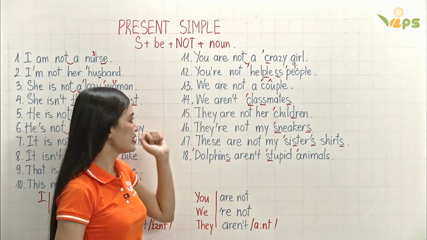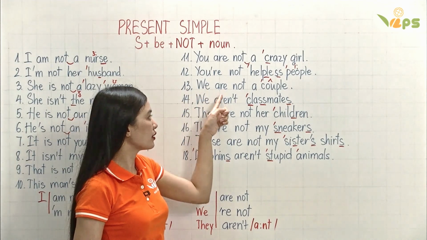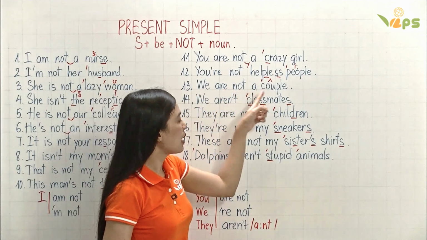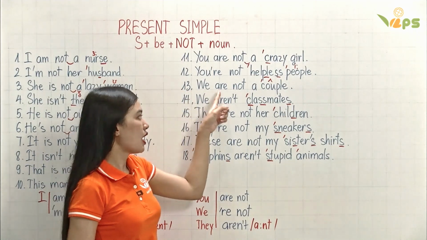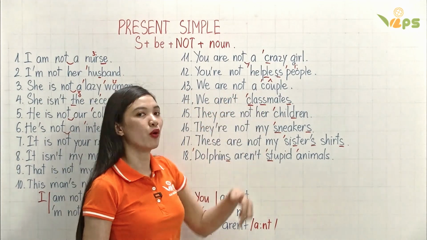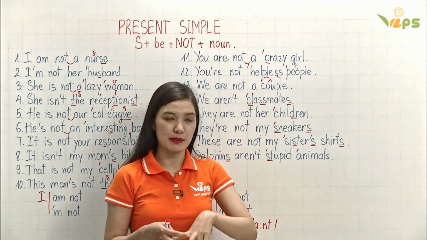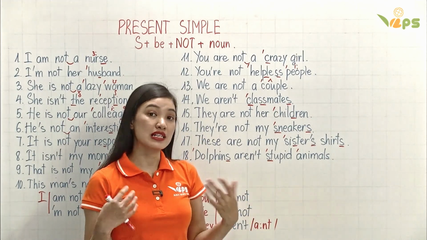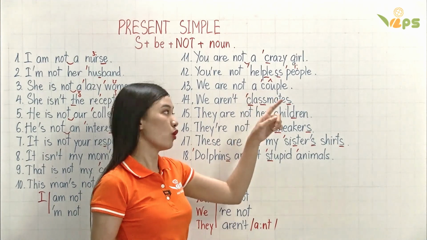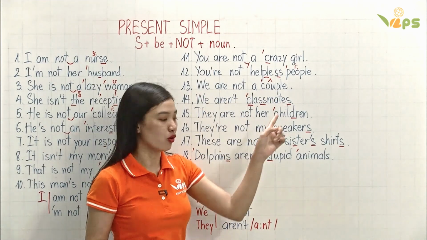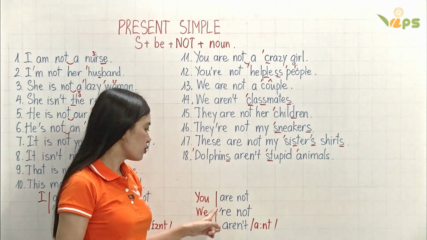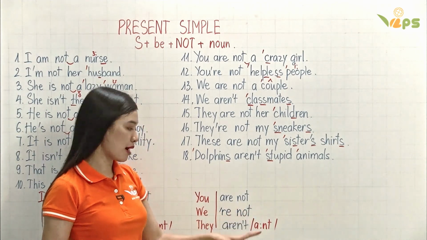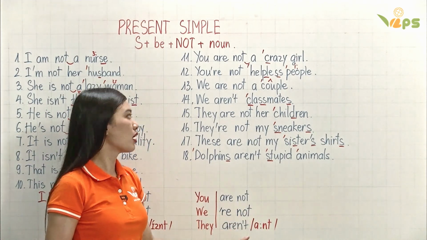13, 14. We are not a couple. We are not a couple. A couple, that means two people, usually a girlfriend and boyfriend, or husband and wife. A couple. We are not a couple. Or you can say we're not a couple, or we aren't a couple.